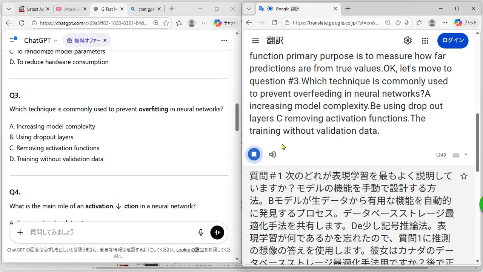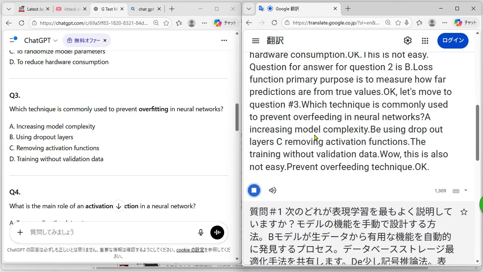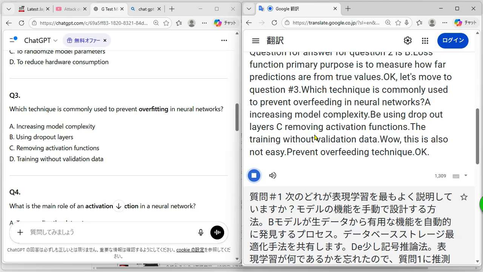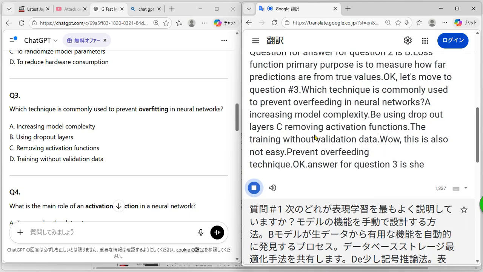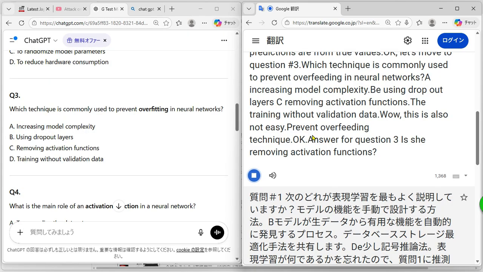Wow, this is also not easy. Answer for question 3 is C, removing activation functions. C for Canada.